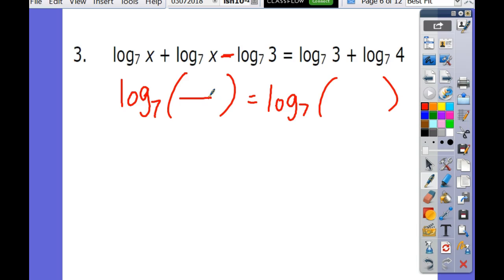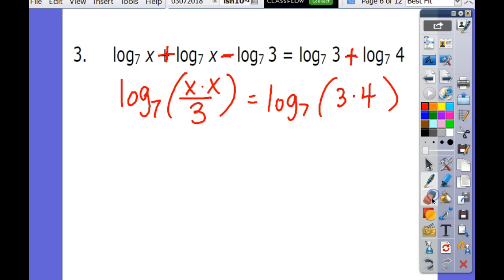That means there's going to be some division in here. This addition is going to change to multiplication. X times x over 3.